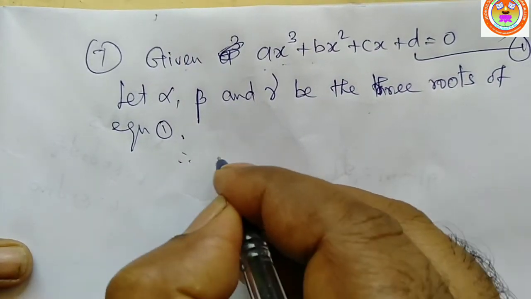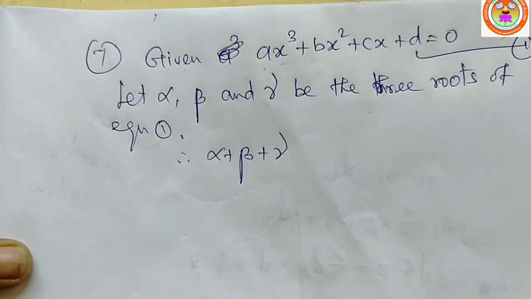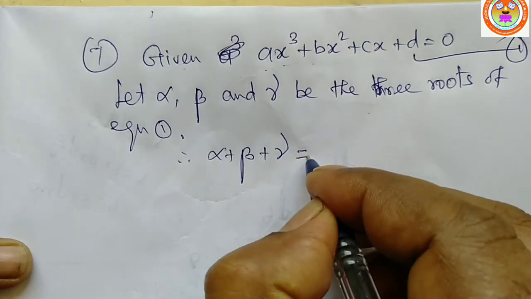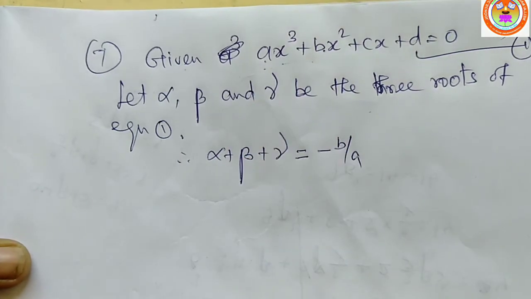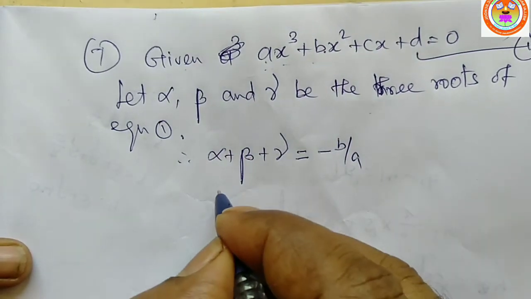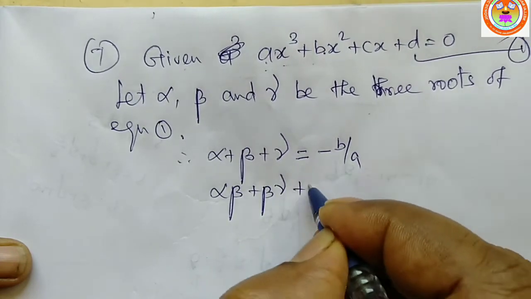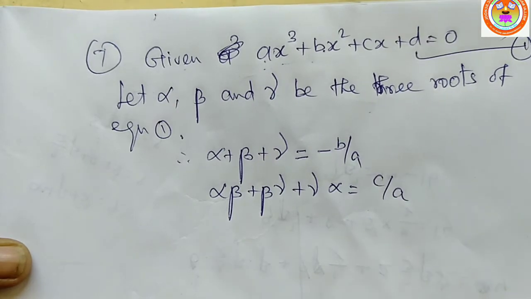So, alpha plus beta plus gamma. What is alpha plus beta plus gamma? That is S1, that is minus b by a. Then S2, that is alpha beta plus beta gamma plus gamma alpha, which is equal to c by a.